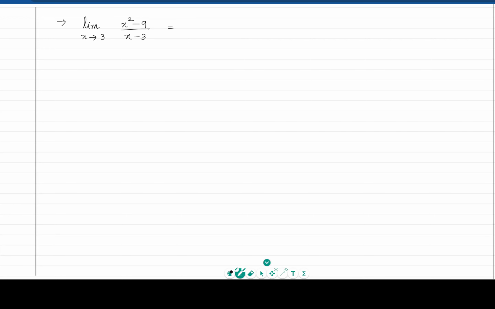When we try to substitute x as 3, we get 3 squared, which is 9 minus 9 in the numerator, giving 0, and in the denominator 3 minus 3, which is again 0. So we get a 0 by 0 form, which is an indeterminate form. So we will try to factorize this.